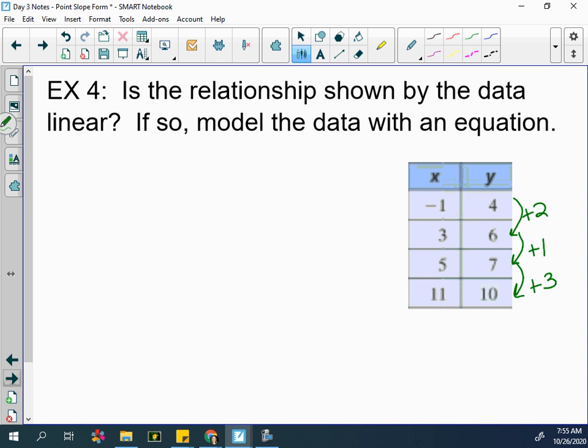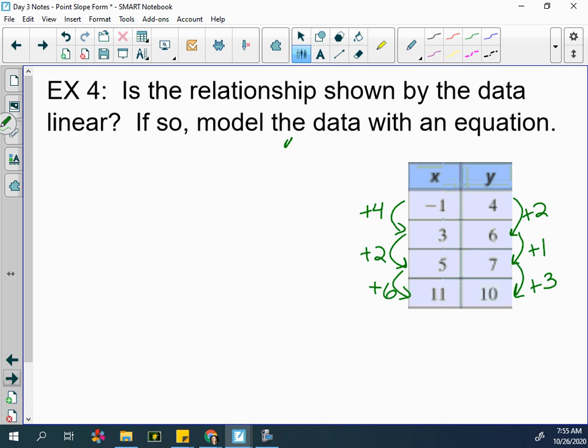So I don't make my decision based on just the change in y. I need to do the change in x and divide them out. So negative 1 is going up to 3. It's going up by 4. 3, 4, 5, that's going up by 2. 5 up to 11 is going up by 6.